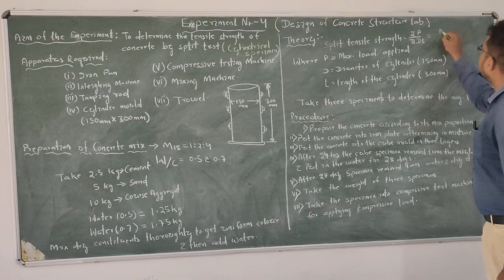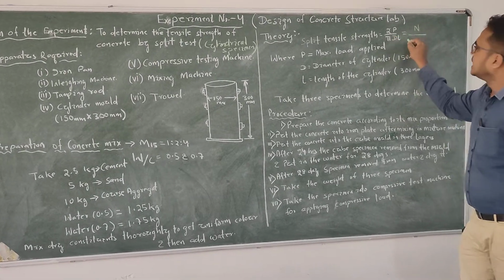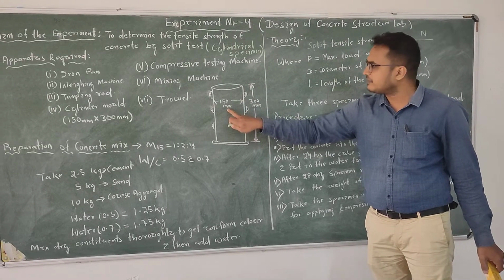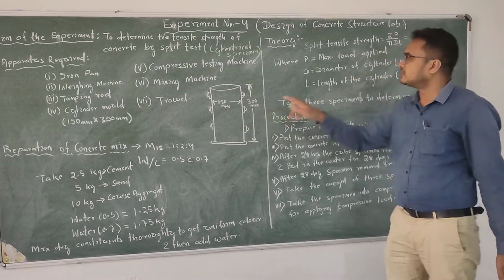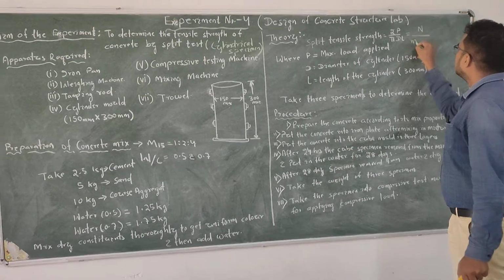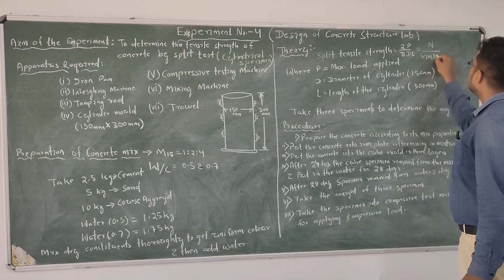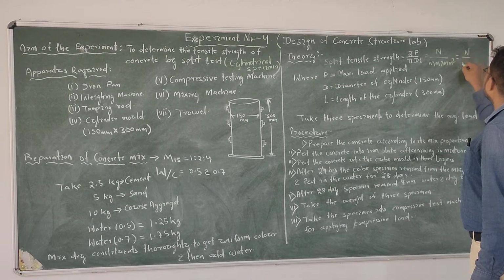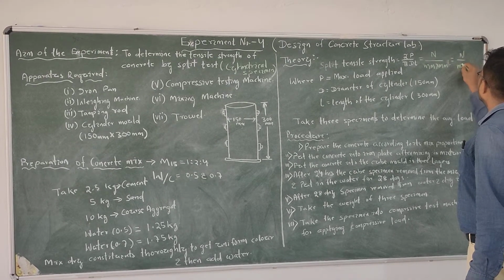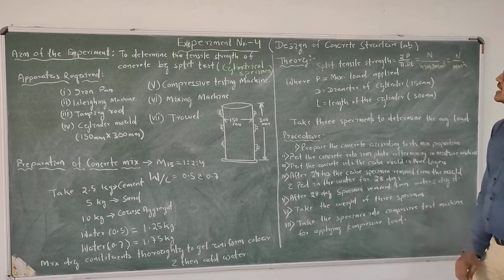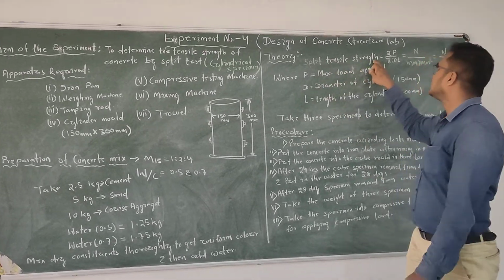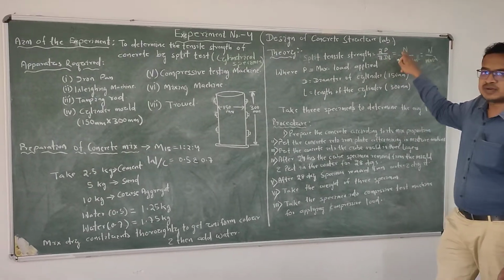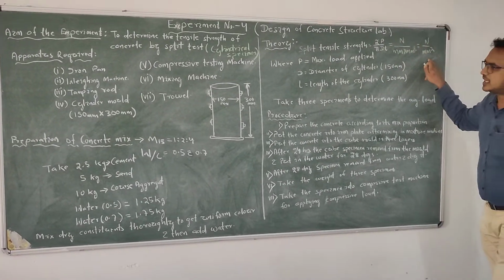P is in Newton, D is in mm, and length is also in mm. So Newton divided by mm into mm, that is Newton per mm square. So the split tensile strength formula is 2P by pi D L, and the unit is Newton per mm square.